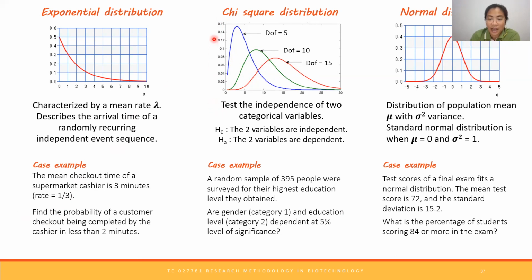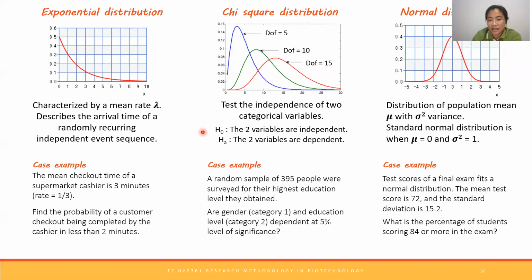The chi-square distribution is the test of independence of two categorical variables, whether one variable is independent of or depends on the other one. You see that the distribution curve is a right-skewed distribution, and it gets sharper when the DOF is less. So the smaller the sample, the more peaked it is.